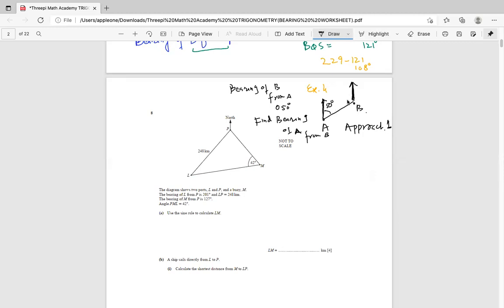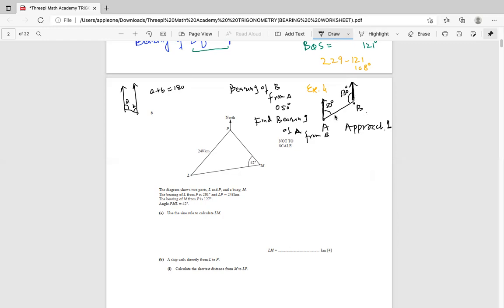Now this is 50 degrees. This is a U-shaped figure. This is 130 degrees, because we know that for a U-shaped figure, the lines should be parallel. This is angle A and this is angle B. So the sum of these 2 angles will always be 180 degrees. So this is 50, that is 130 degrees.